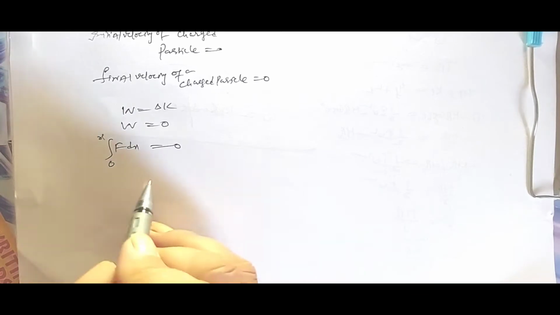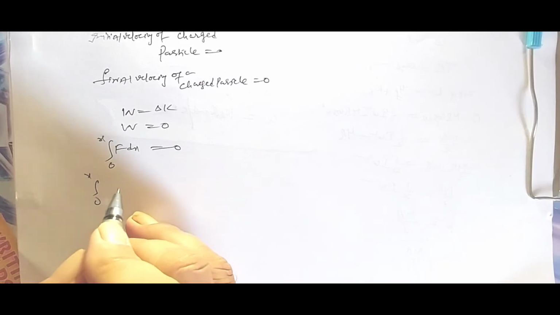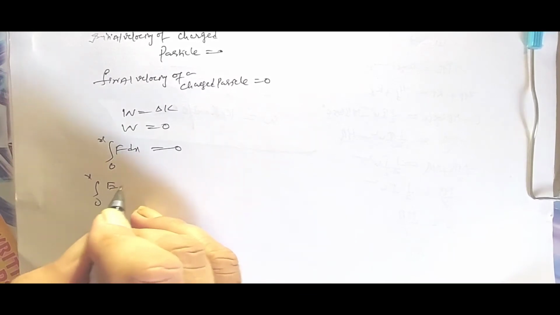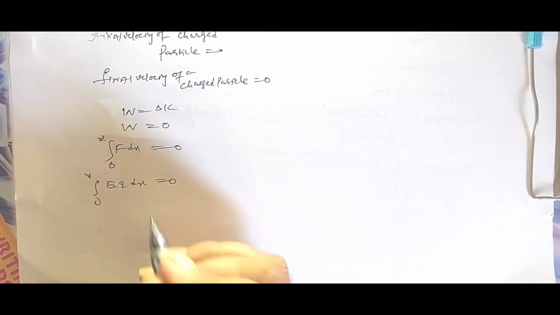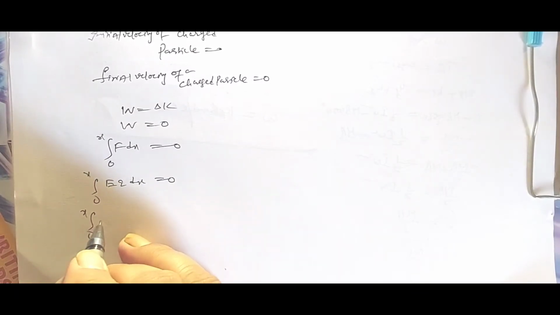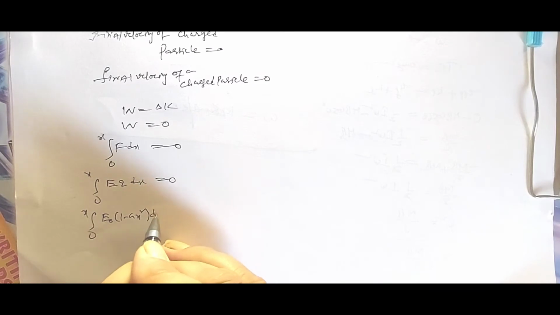So, the integration from 0 to x of F dx. What is F here? The force acting on the charged particle in the electric field is Eq, so Eq dx is equal to 0, where E is given as E naught into 1 minus ax square.